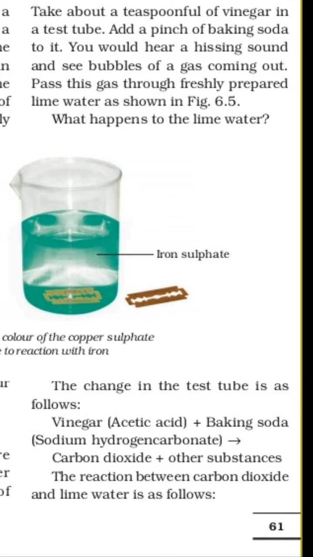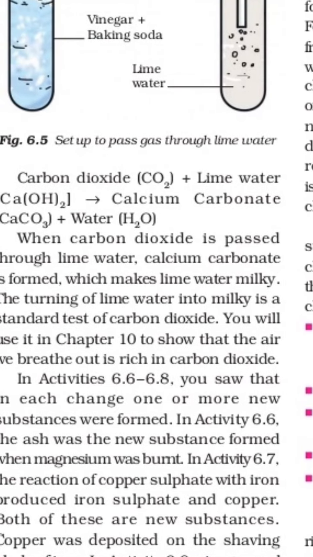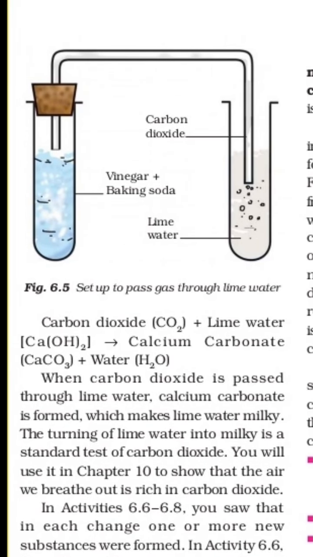And you can see here the reaction between the carbon dioxide and lime water. Carbon dioxide, CO2, plus lime water, Ca(OH)2, and after the mixture of carbon dioxide and lime water, a new substance is formed, calcium carbonate, CaCO3, plus water, H2O.